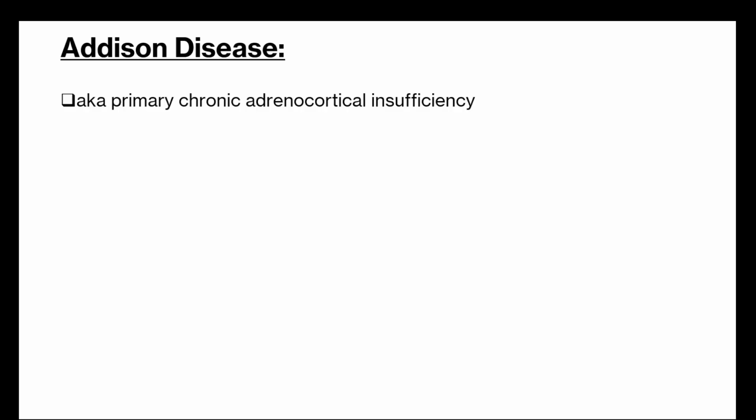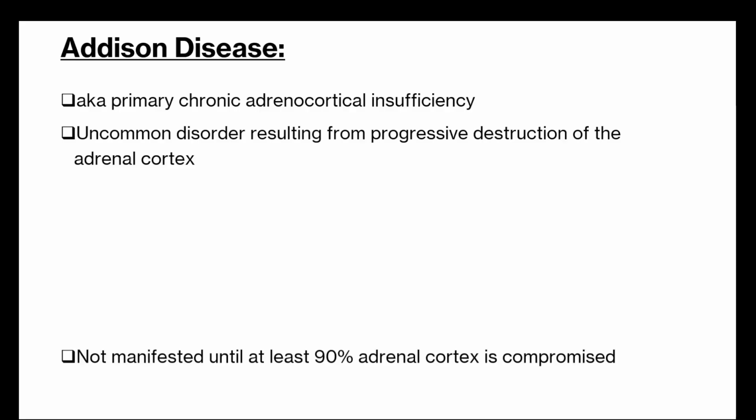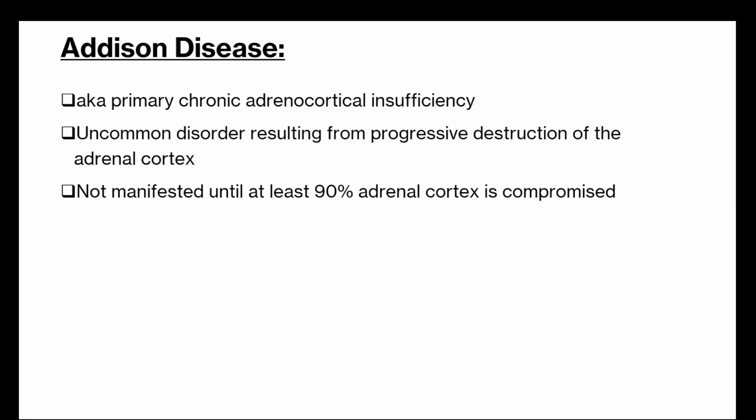This is also known as primary chronic adrenocortical insufficiency, and this is a very uncommon disorder that results from the progressive destruction of the adrenal cortex. And also this is not manifested until at least 90% of the adrenal cortex is compromised.